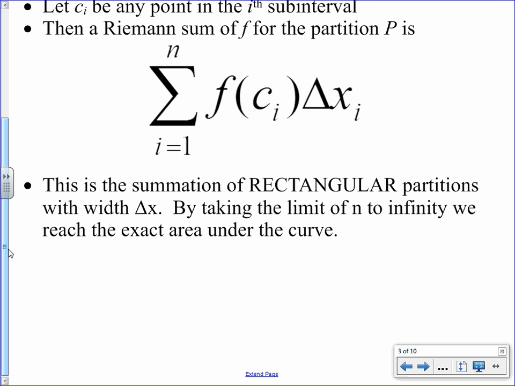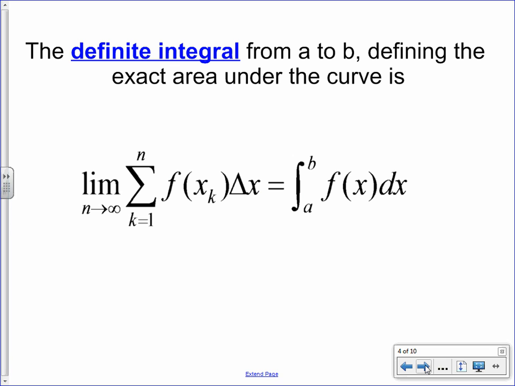So, here's where the connection comes. A definite integral from a to b. Before Christmas, we talked about indefinite integrals. A definite integral from a to b is giving us the area under the curve.